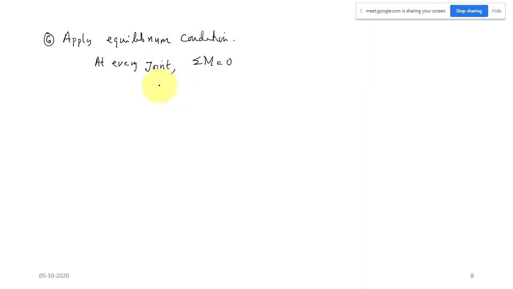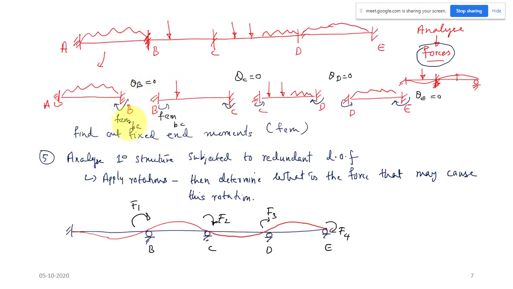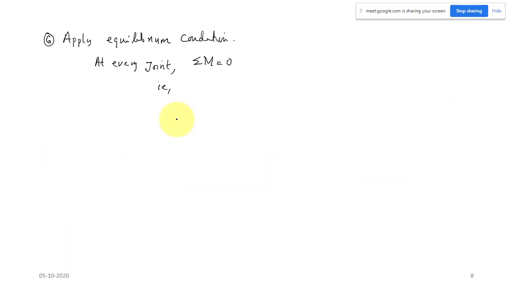So what is the total moment? You can say FEM BA plus FEM BC plus F1 is equal to 0, and this is my equilibrium equation in this case.